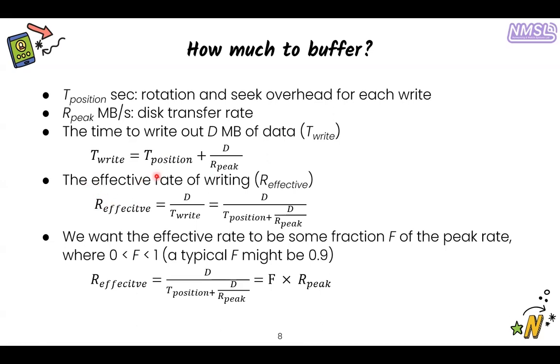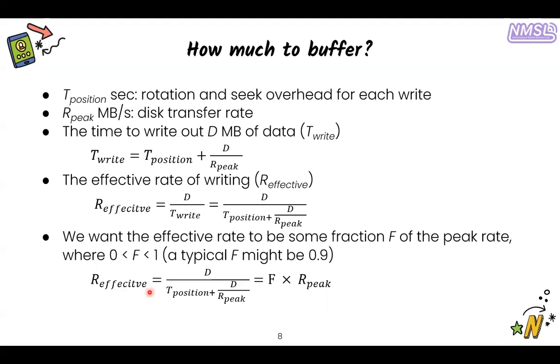Now, the effective rate of writing would basically be D divided by T sub write, and we'll take this equation in here. Now, we want the effective rate to be some fraction of the actual peak rate, and obviously the higher the F the better, and a typical F could be like 0.9.